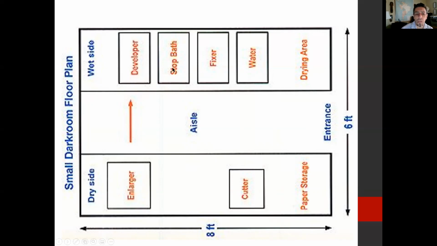Another thing is, when you start developing, there is a level of skill acquired over years of experience to understand at what point to stop the development of the image, so it's not underexposed or overexposed, in order to throw it into the stop bath. That's part of the artistry and the skills required to do photography in a darkroom.